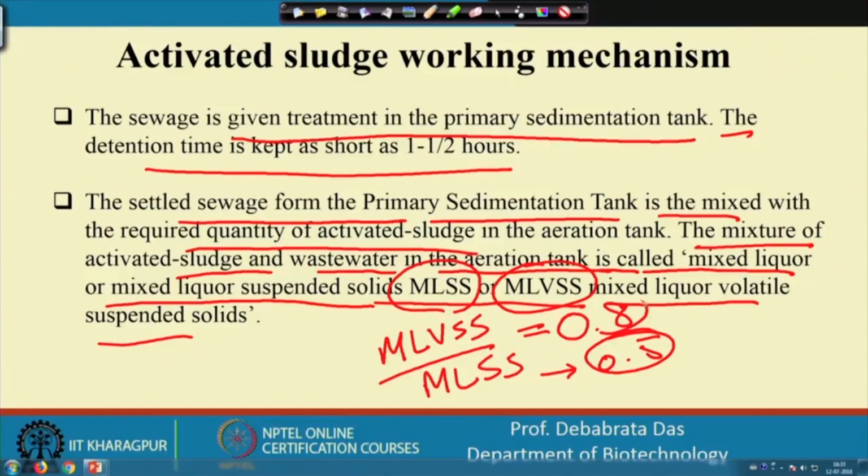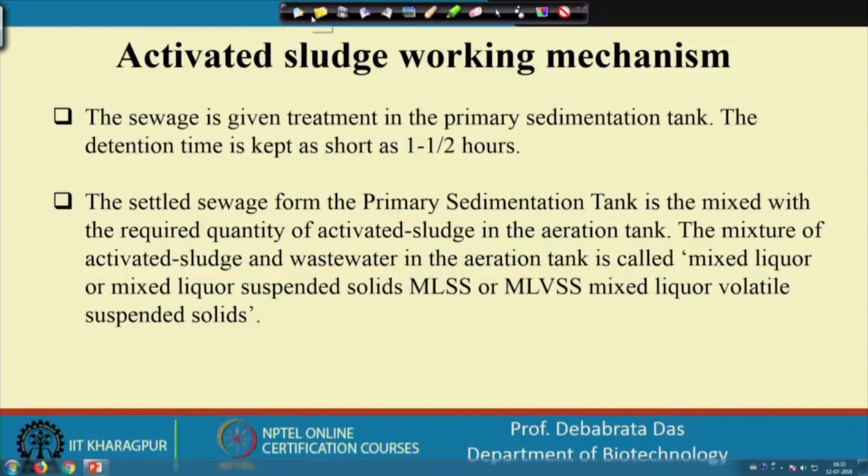If it is 0.8, we can say 80% of the suspended solid is organic. That means your cell mass will be more, and if it is 50%, cell mass will be less. So, this ratio plays a very important role as far as the activated sludge process is concerned.